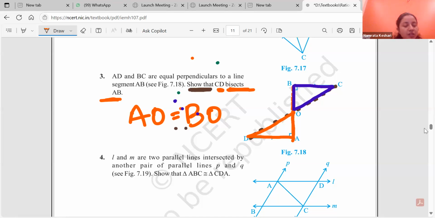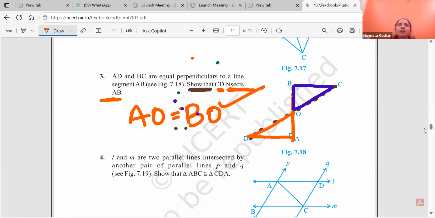The corresponding sides will be the same and the corresponding angles will be the same, and from there we will confidently be able to say, since congruent, hence AO and BO are the same. Getting it? Yes, ma'am.